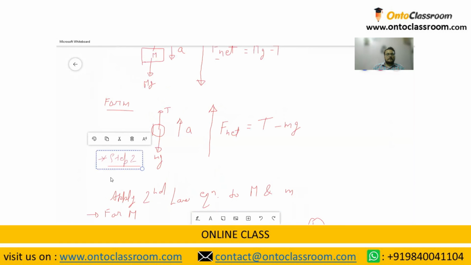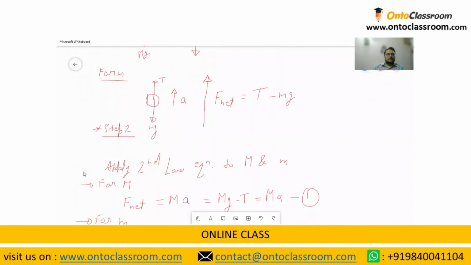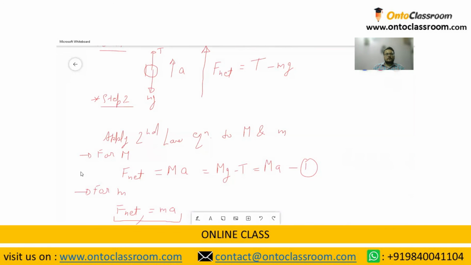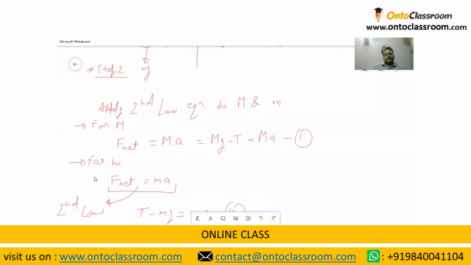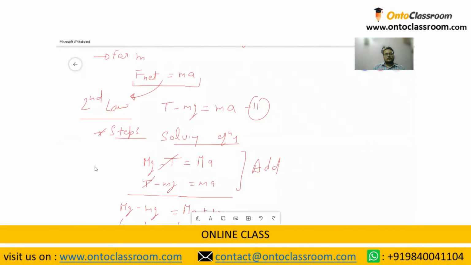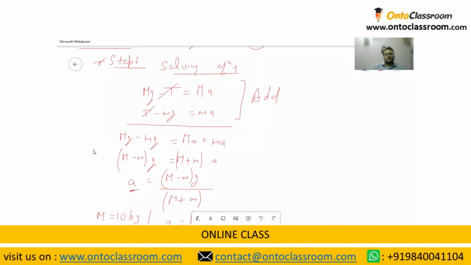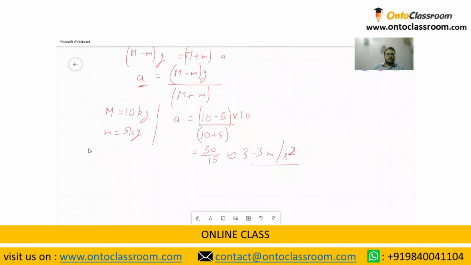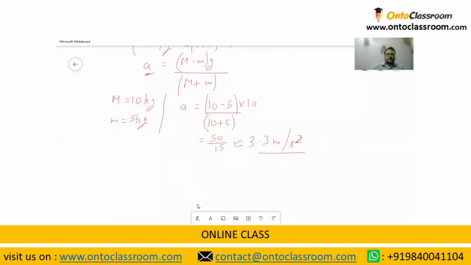Then in the second step, we will form the equations with the help of Newton's second law. And in the third step, we'll be solving those equations and calculating the values of the variable terms. In this case, we have calculated the value of acceleration.